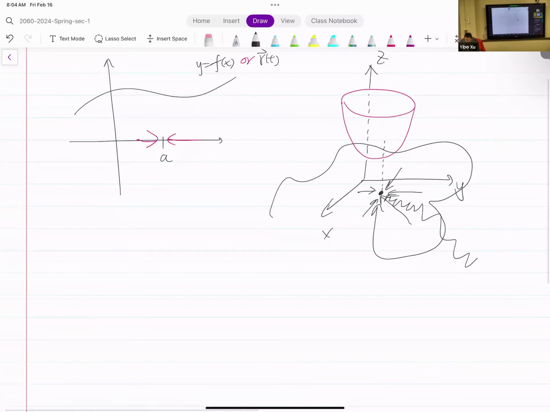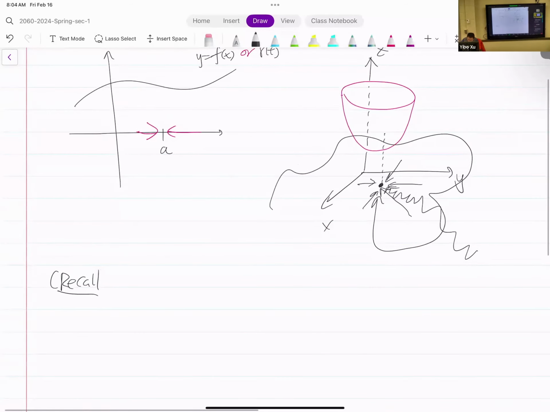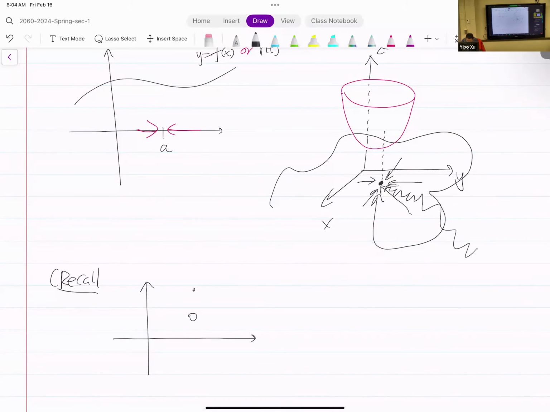But let's put things a little bit more formally. So recall the univariate case, like we mentioned. It's possible that sometimes the limit of the function exists at the point. So you will have an open circle indicating the functional limit at the point.